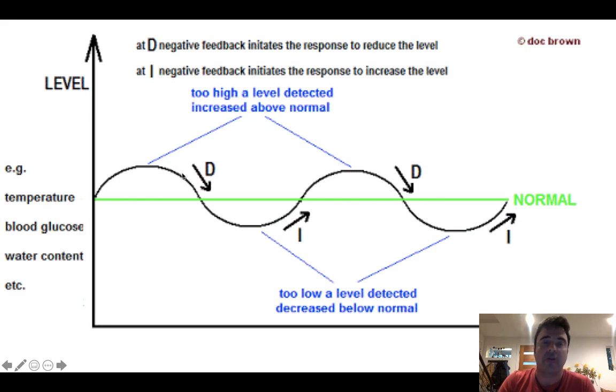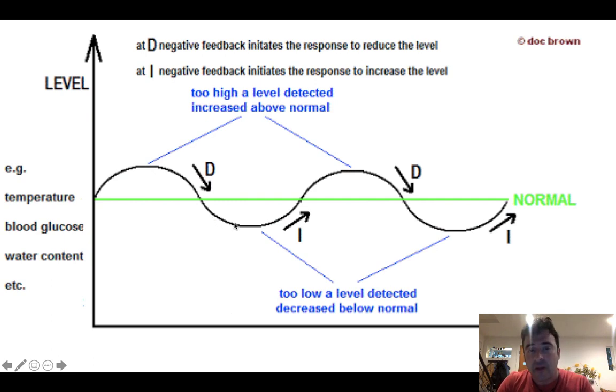And body temperature, blood glucose, any of our physiological variables, any of these things we maintain within relatively narrow limits, they're constantly fluctuating from high to low, but they never deviate too much in a healthy individual, because if you start deviating outside of these ranges, that's disease. Deviations from homeostasis are disease.